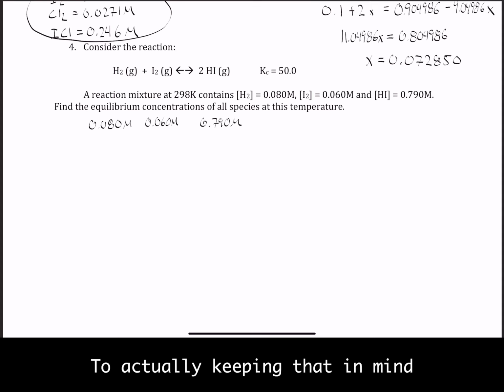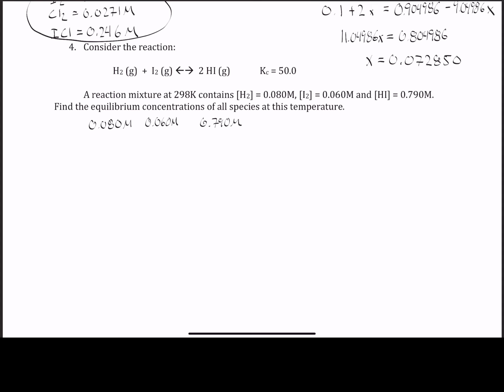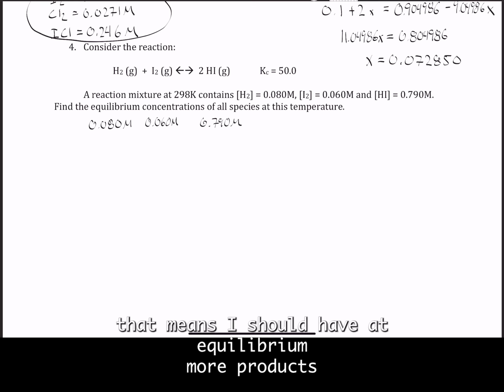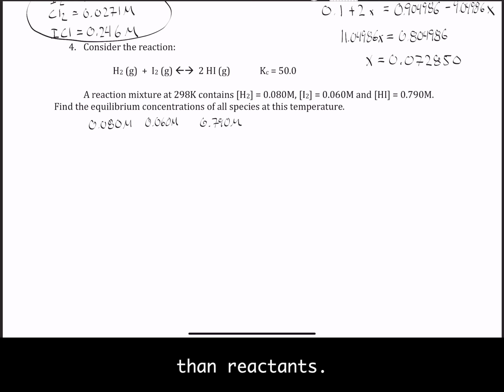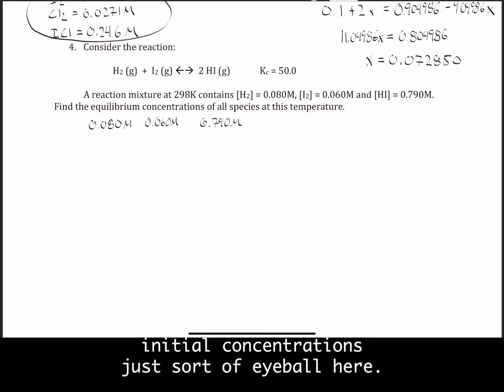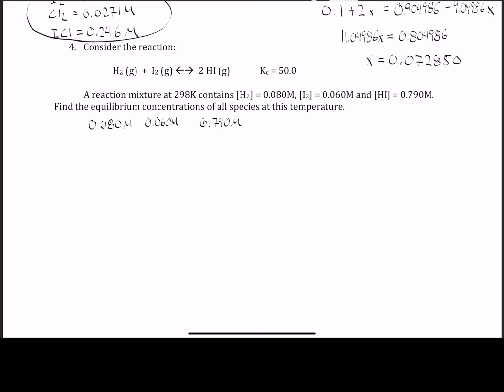So yeah, actually keeping that in mind, without calculating Q yet, if our K is 50, that means I should have, at equilibrium, more products than reactants. So based on these concentrations, initial concentrations, just sort of eyeballing it, do we have more products than reactants? 0.08, 0.06, 0.79.